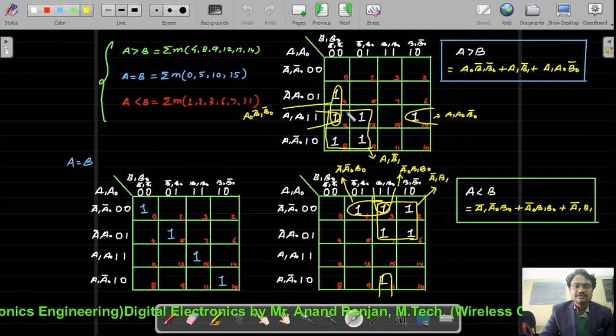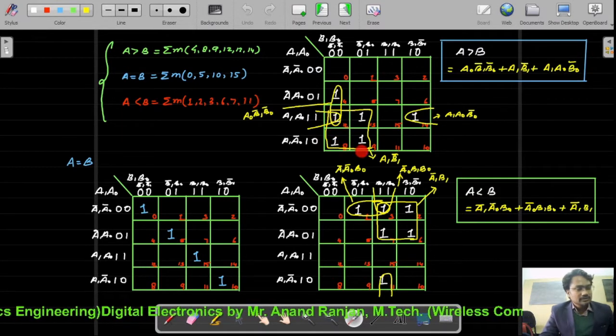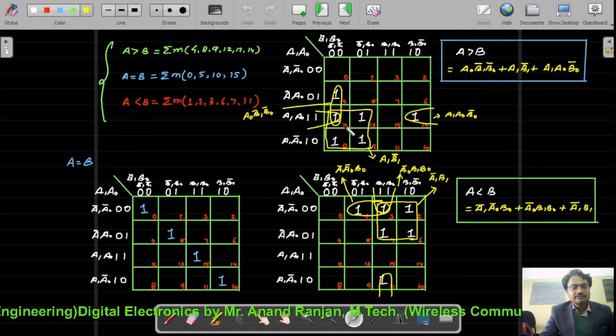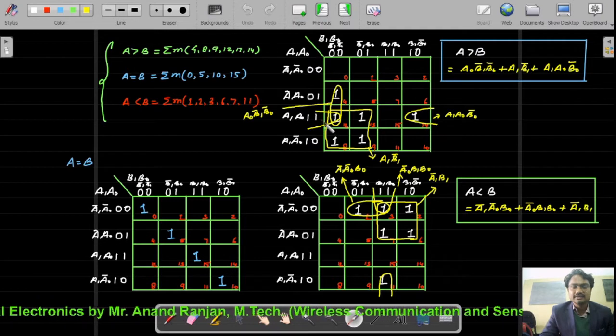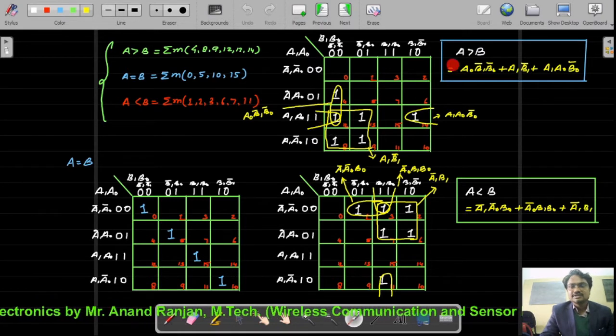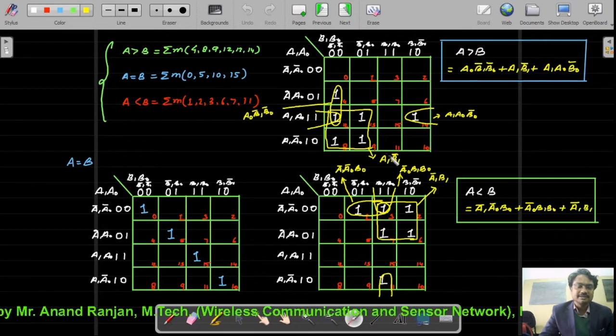We make a group of 4 adjacent cells. This is a quad, and two pairs are there, one this one and another this one, by folding the K-map. So this is the simplified Boolean expression we get for a greater than b.